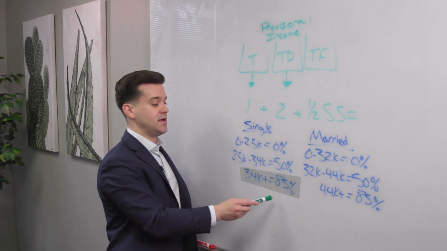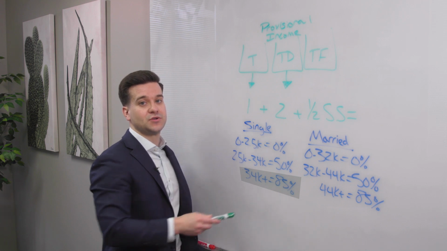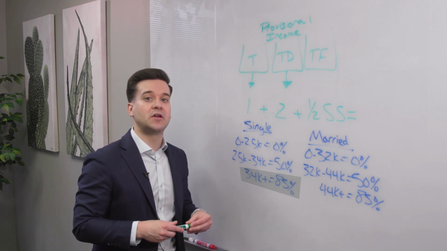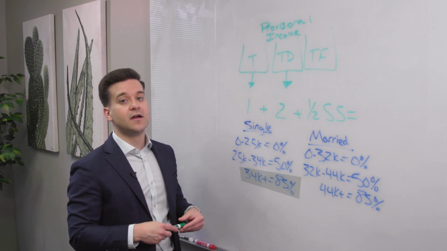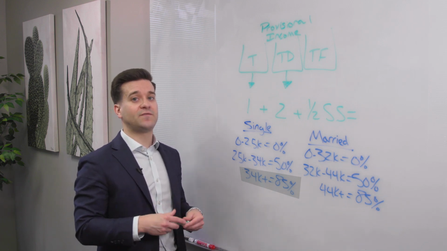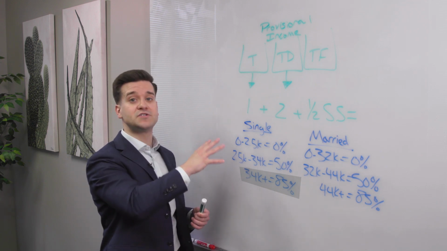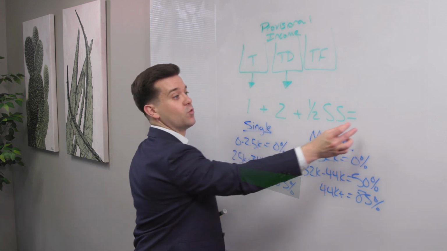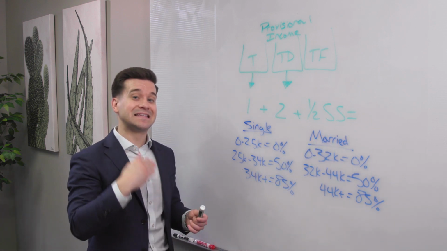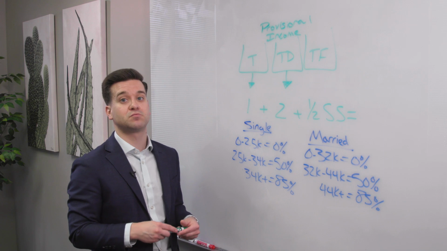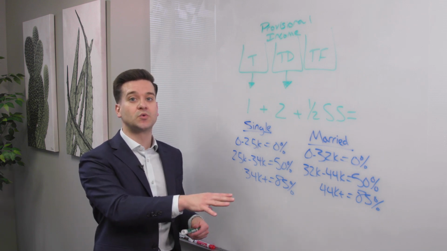$34,000 or higher, then 85% of your Social Security benefits are going to be included in your taxable income for that particular year. But once again, if 85% above this threshold from a provisional income perspective, or whatever this equals to, is lesser than 85% of your total Social Security benefits, then that's what you're going to include.